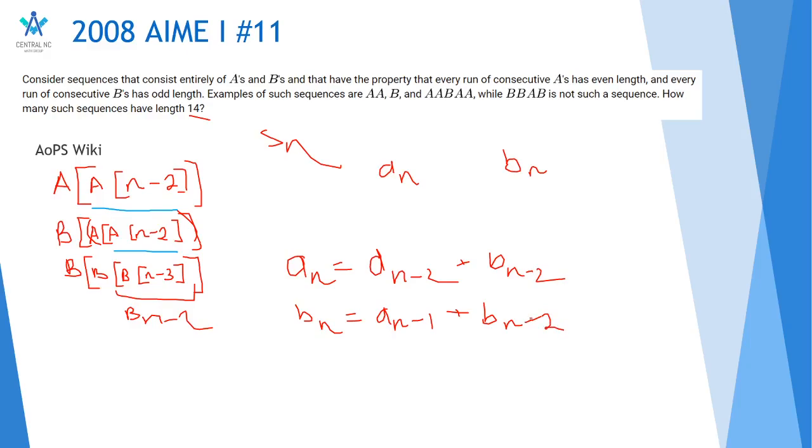So we have two sets of recursions. Let's write these down. A of n equals A of n minus 2, and B of n equals A of n minus 1 plus B of n minus 2.